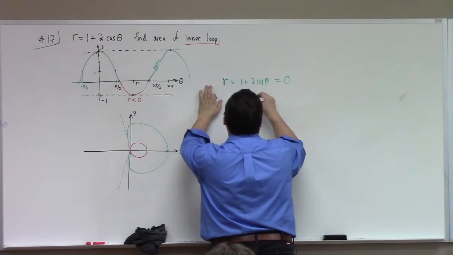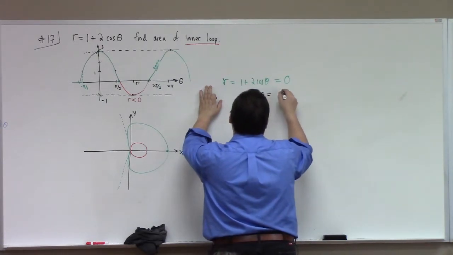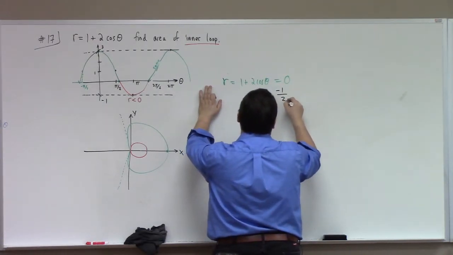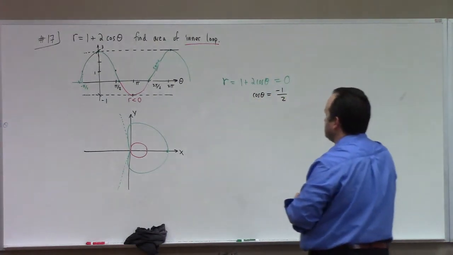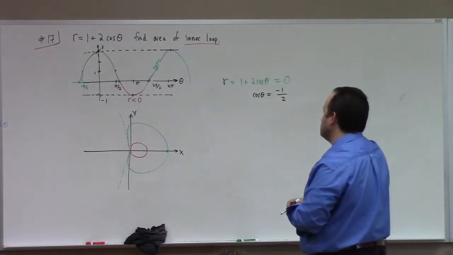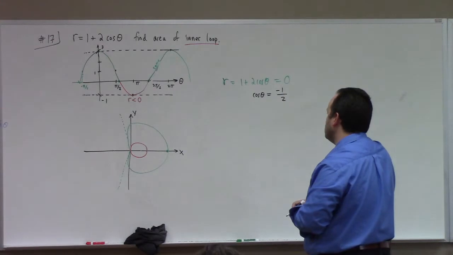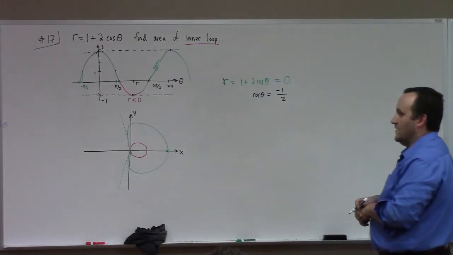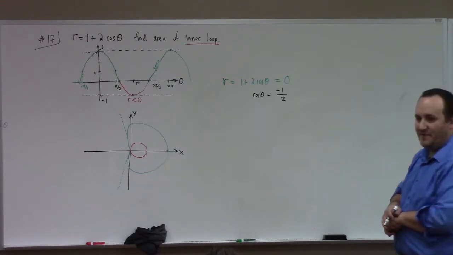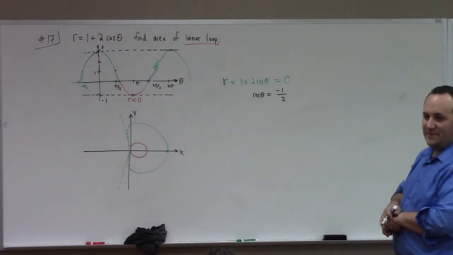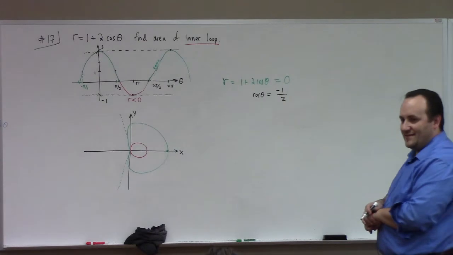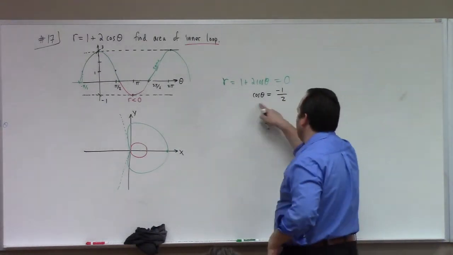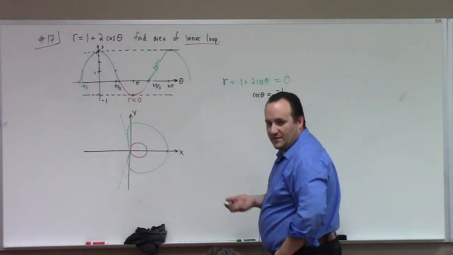So this gives us cosine theta equals minus 1 over 2. And so what is that? At the moment, we may just be a victim of my poor graphing. But the algebra will fix that. That's the nice thing. How do you solve this? You can use your calculator if you like, inverse.